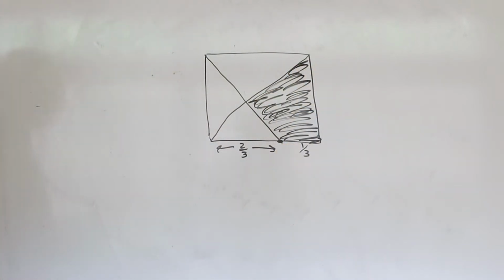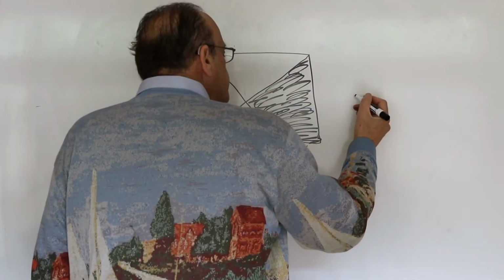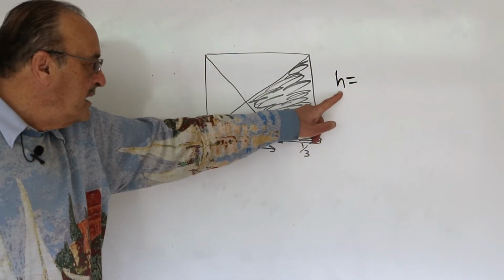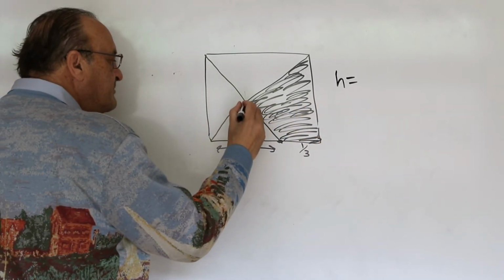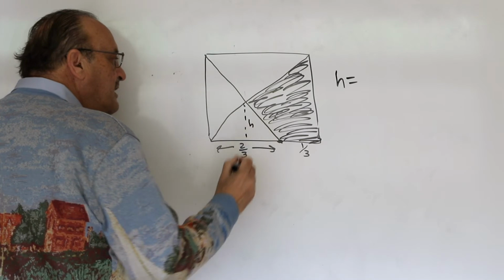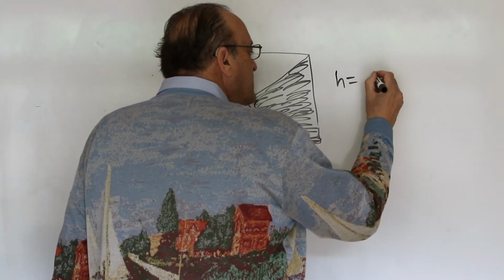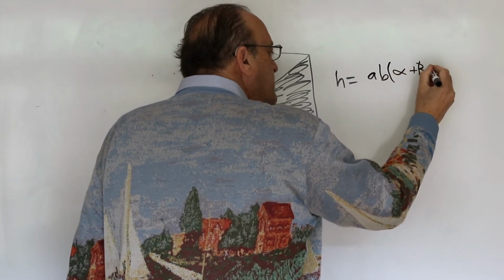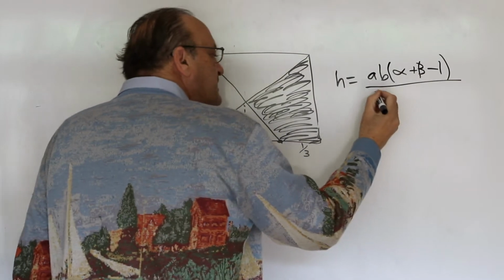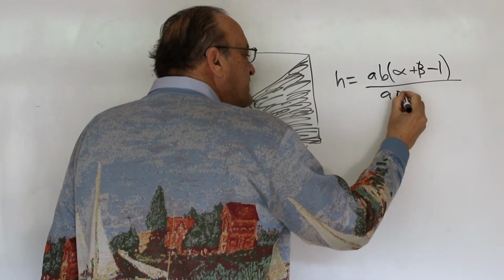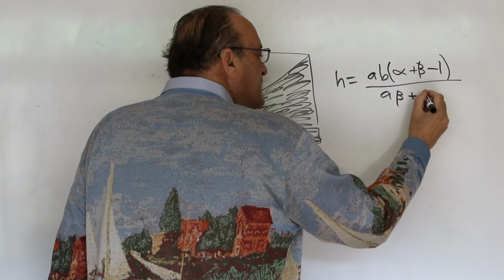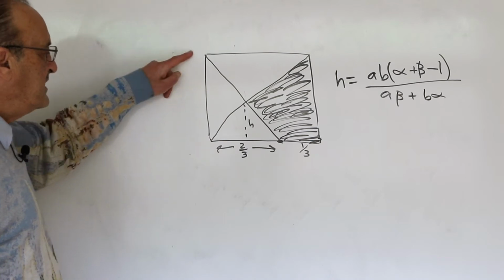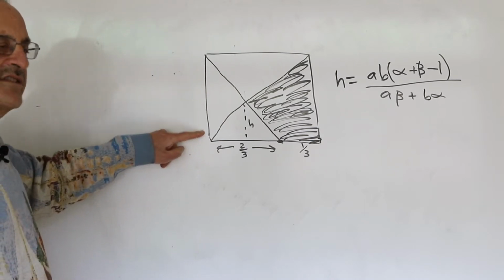So we can make use of a formula that I gave you last time. This time h stands for height, okay? So it's this height here. So the height will be equal to a times b times alpha plus beta minus 1 divided by a times beta plus b times alpha. So a is the height of this post sticking out of the ground.